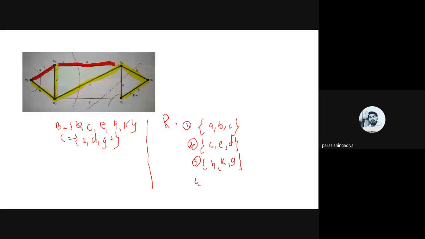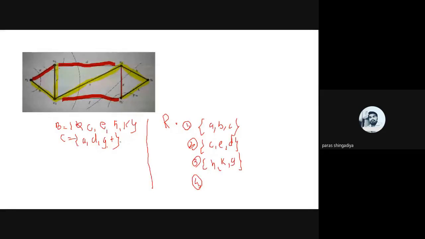Fourth one. I would consider this example also. Which four edges do I consider there? E, H, K, F. By using that, you can make one circuit V3, V4, V6, V5, V3.